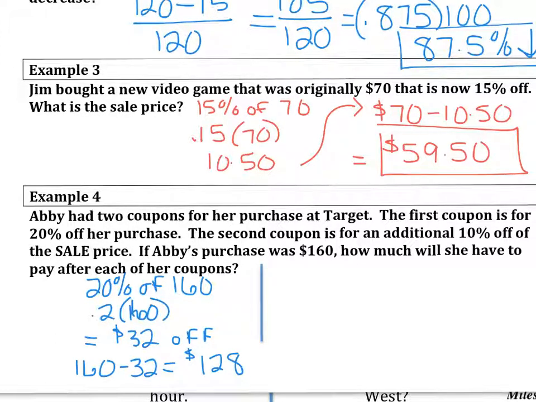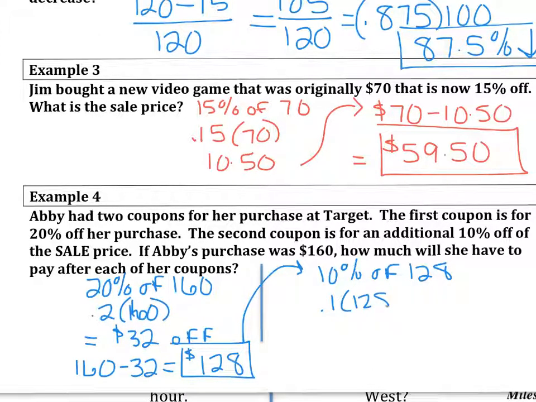However, we're not finished because then we need to take this number and figure out what the additional 10% off would be. So what we would do now is take 10% of 128, and so this would be 0.1 times 128, which will end up being $12.80, and that's off.